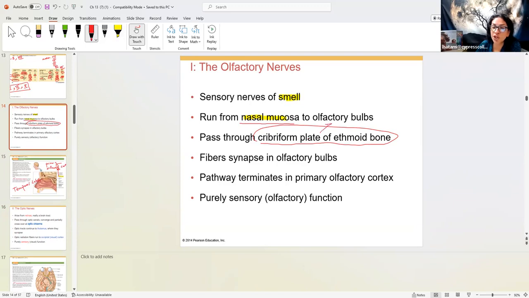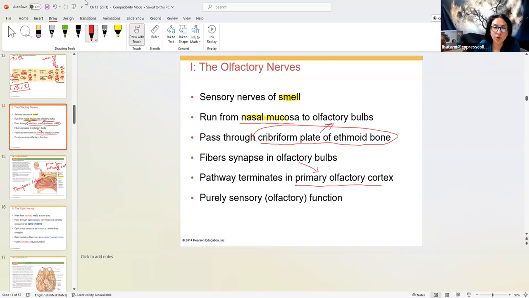The first structure they synapse in is the olfactory bulb. And then from the olfactory bulb, this information is sent to the primary olfactory cortex. The primary olfactory cortex is one of the sensory areas of the cerebrum, which receives this sensory information about smelling.